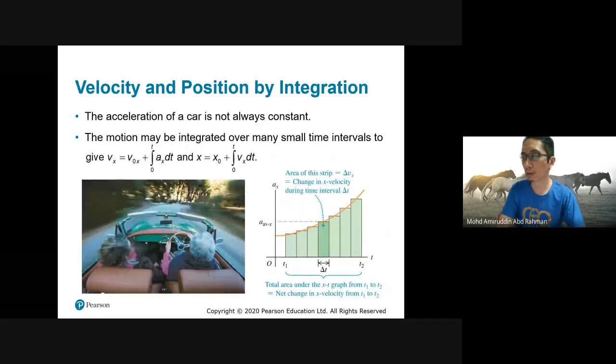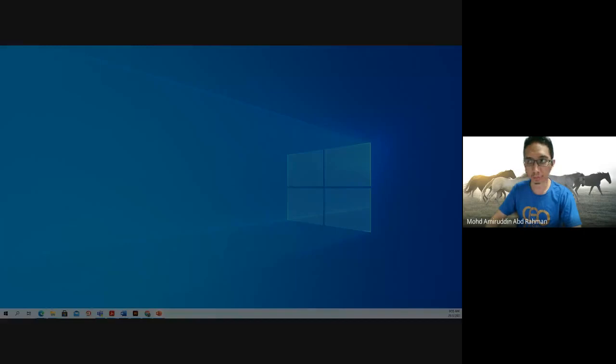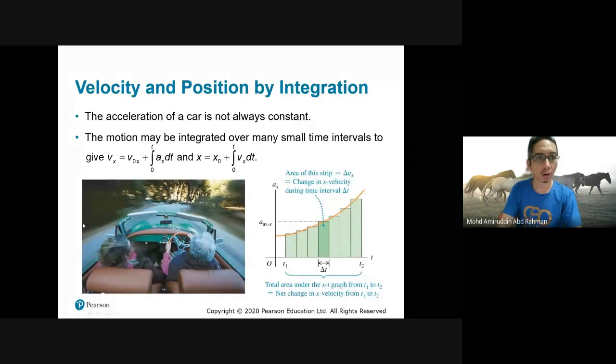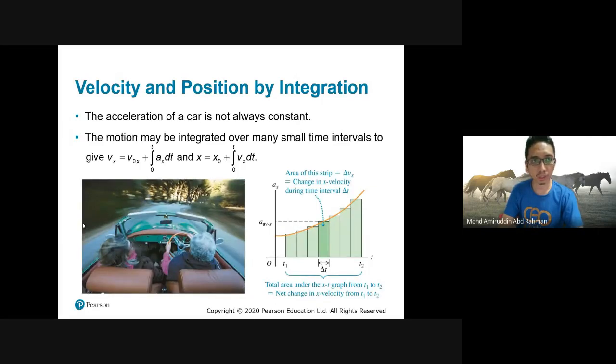Right, now we look at the velocity and position by integration. The acceleration of a car is not always constant. So the motion may be integrated over many small time intervals.